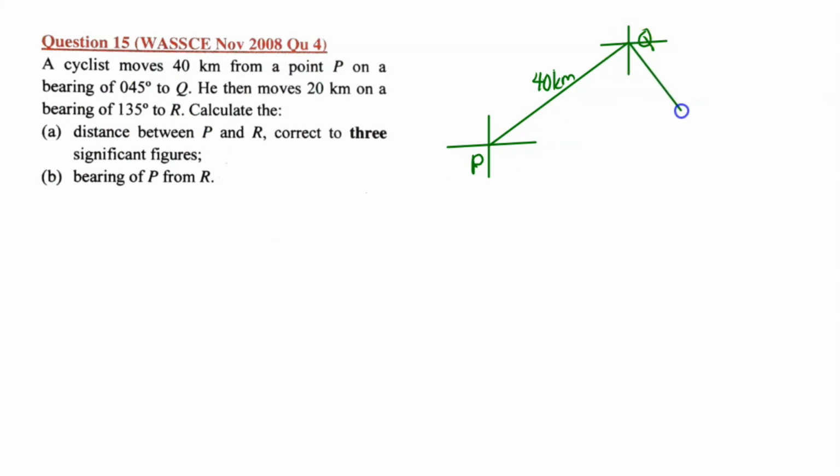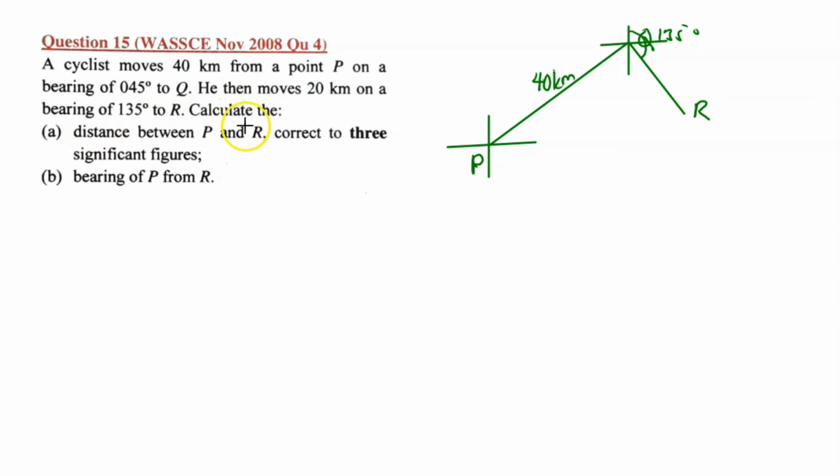But that distance was very short, 20 kilometers, so it should be about half of 40 kilometers. Let me have it there and label it point R. Now, getting to point R, let us show 135 degrees from the north pole, so we have the whole angle here as 135 degrees.